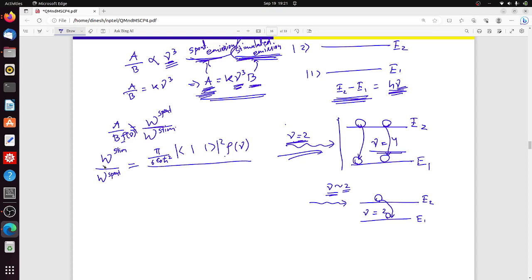Okay, this is the stimulated emission rate. Now for spontaneous emission we'll have 8 pi cube over 3 epsilon naught h cross c cube, then this integral mod square and nu cube.